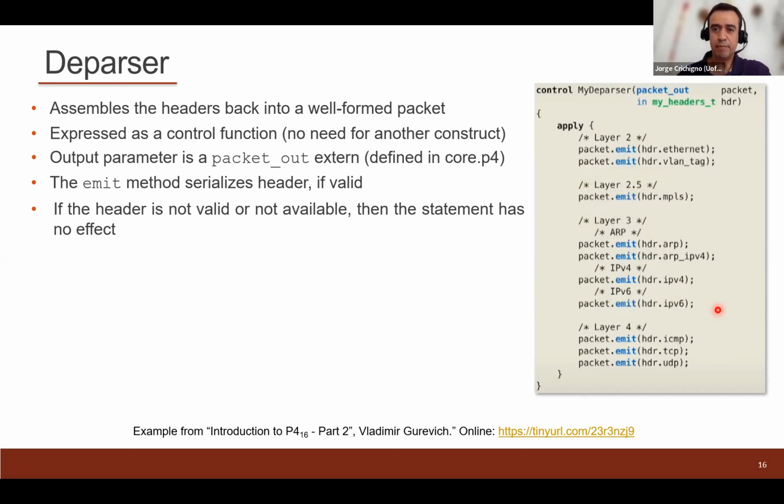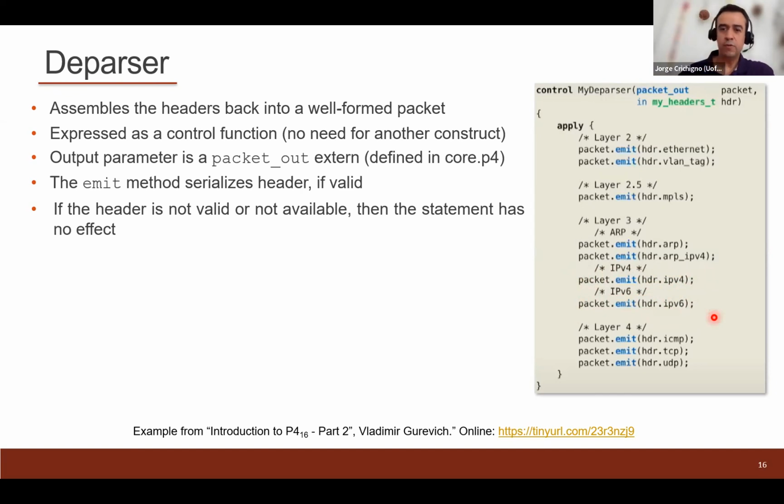For example, let's say IPv4 and IPv6. Either IPv4 is valid or IPv6. The packet is not both at the same time. So therefore, let's say it's IPv4, only this statement will be valid, and for the IPv6 header, the statement has no effect. So that's why we can write in this way.